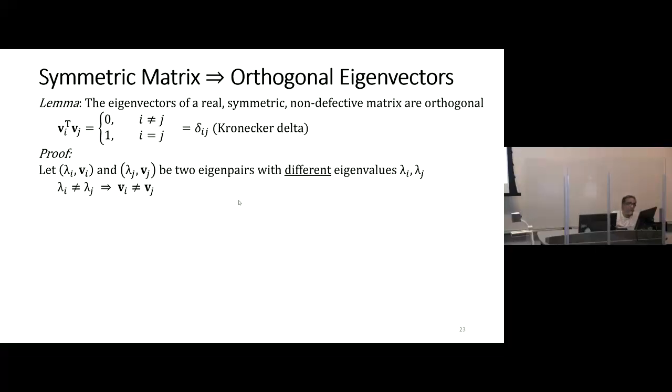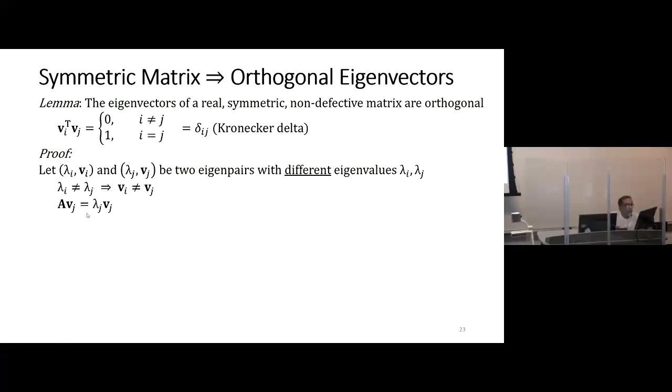We saw that previously, from a previous lemma, which we didn't prove because I remarked that it's very trivial to prove. But what we're going to show is that Vi and Vj are orthogonal to one another. That is, Vi transpose Vj equals 0.